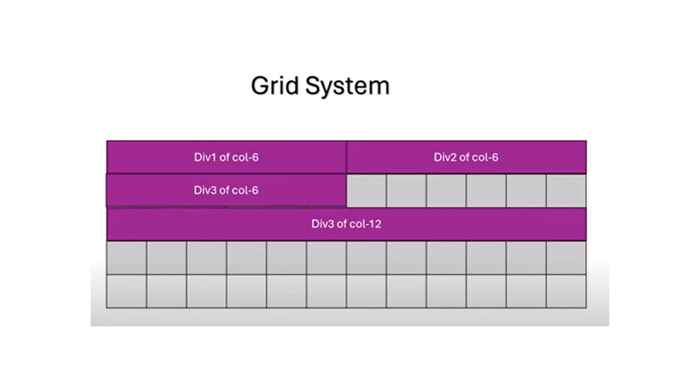It's not necessary that 6 columns have to be divided in a row. You can also have 12 columns in a row. So always remember, more than 12 columns you cannot have in the grid system.